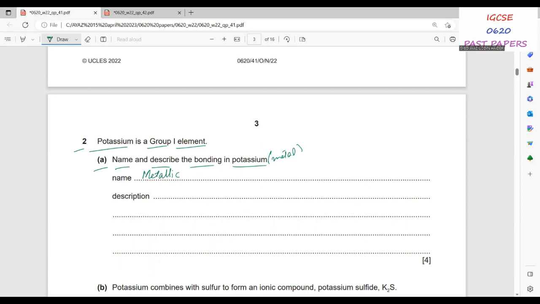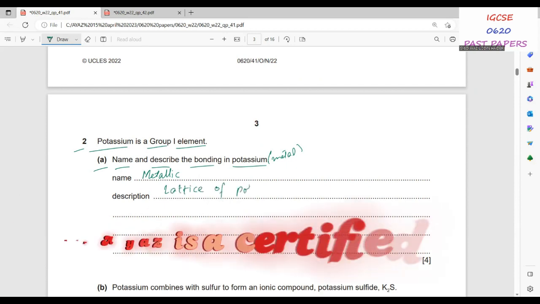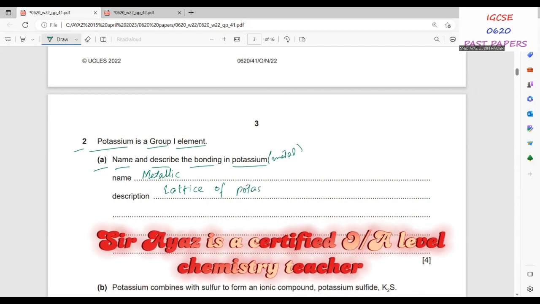Here we have potassium, so you'll write lattice of potassium ions. Second point will be sea of electrons. The last point will be the attraction between positive ion and electrons.